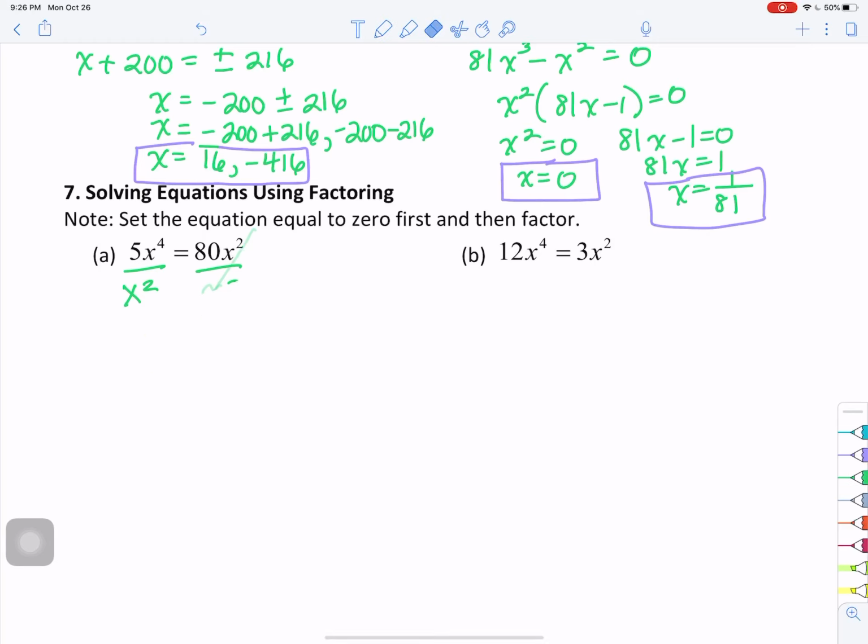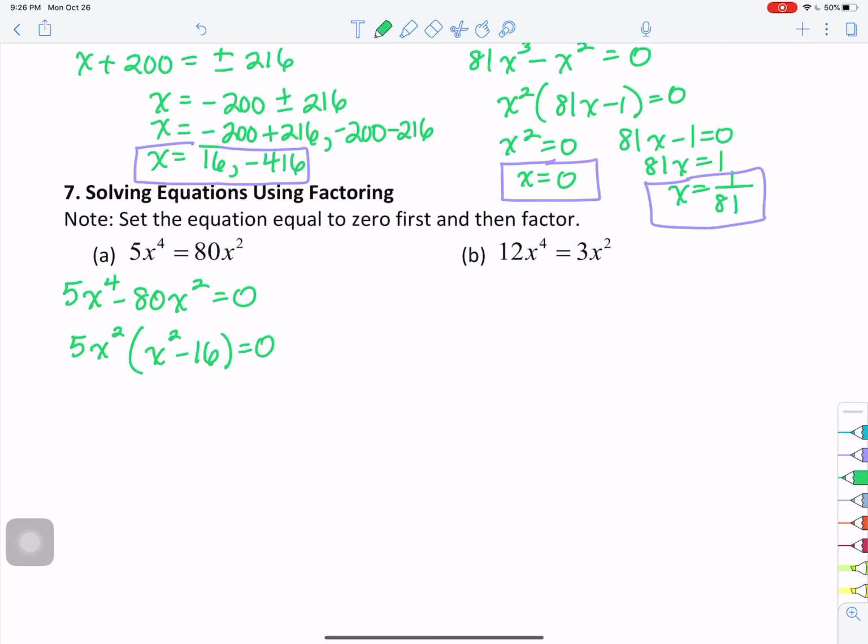So what we need to do is bring both of those terms to the same side of the equation. 80x squared is positive on the right-hand side, so it's going to be negative on this side. And then factor out the common factor. And it looks like we can factor out a 5x squared, and we're left with x squared minus 16 equals 0.